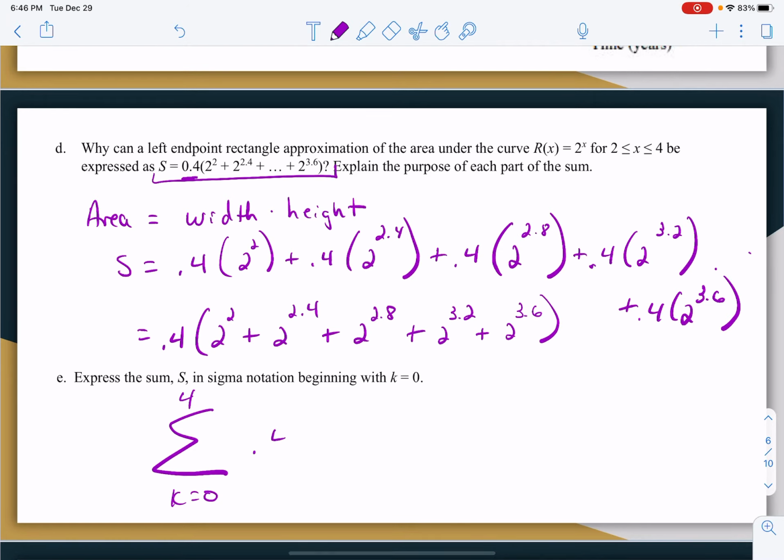And I have the width of each rectangle. And the height is expressed as 2 raised to the 0.4k power plus 2. I'm starting with 2, and I'm adding 0.4 times k every time.